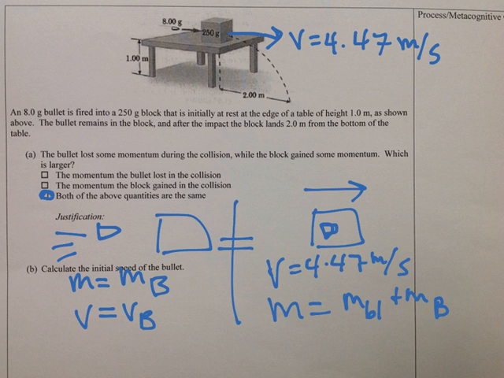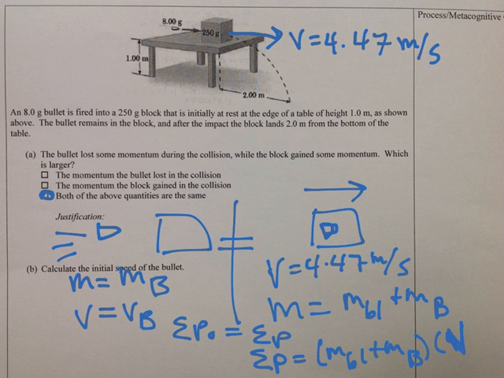So I'm going to set that up more as an equation. So we know that my initial momentum is equal to my final momentum, or at least the sum of my final momentum. And then we know that my momentum here is equal to the total mass, so that's mass of my block plus mass of my bullet, times the velocity of both.